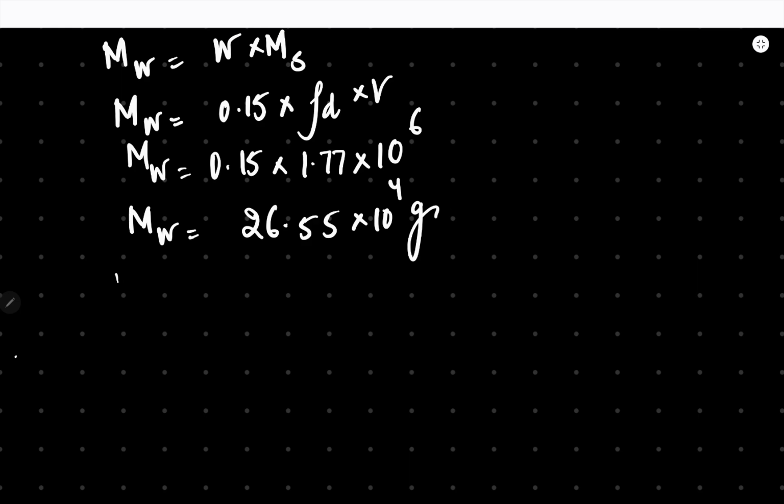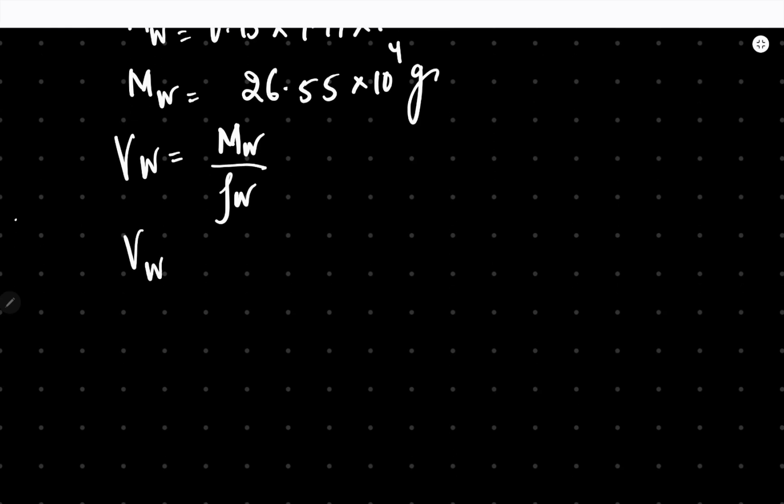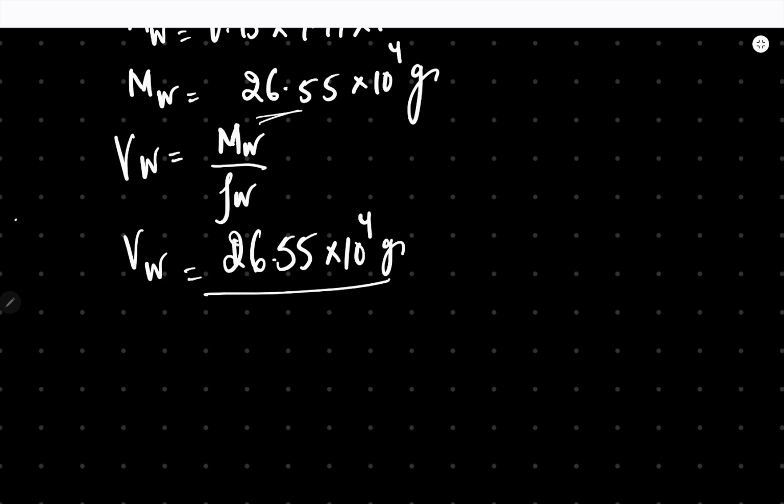Now I have to calculate the volume of water, which is mass of water divided by density of water. So mass of water in this case at 15% water content is 26.55 into 10 raised power 4 grams. Then we have density of water 1 gram per cc.